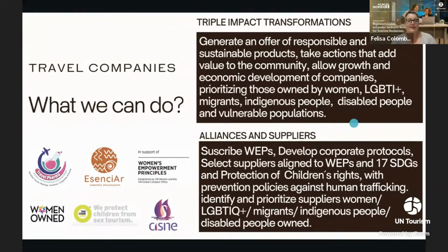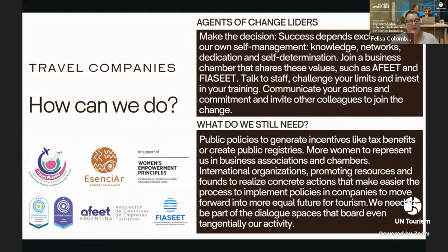Okay, here it is. There is a clear need for public policies that incentivize responsible practice, such as tax benefits or public registries of responsible companies. Chambers of commerce and business associations must continue to create networks and safe spaces, offer training and provide support to companies.